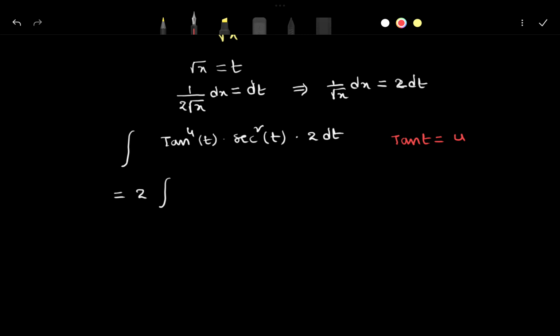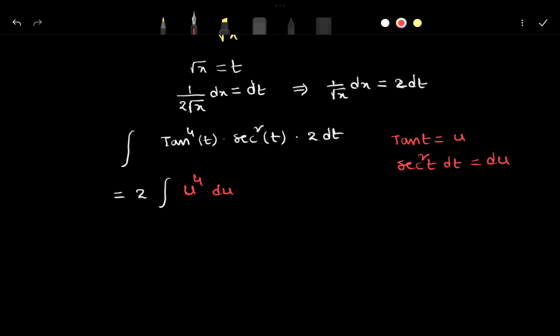Differentiate tan t with respect to t, so secant square t into dt equals du. In that expression you can write u power 4 into secant square t into dt, which is du.